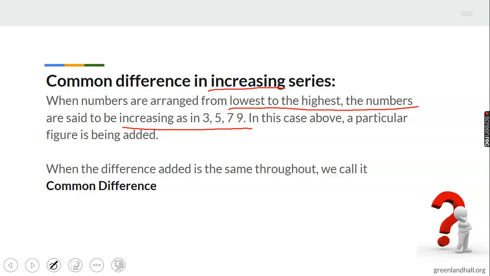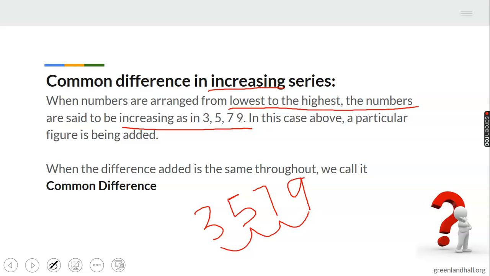In this example, we have 3, 5, 7, and 9. Now it's time to put on that thinking cap. We have 3, 5, 7, 9.